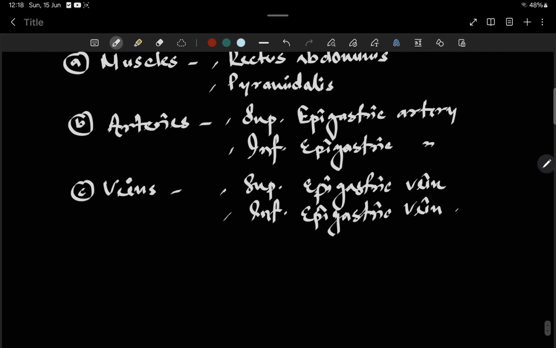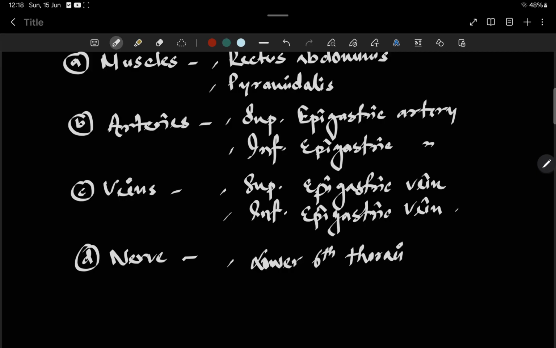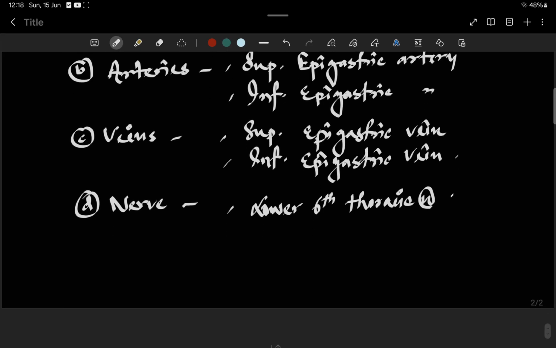Next content is the nerve: the lower six thoracic nerves. So these are mostly the contents of the rectus sheath.